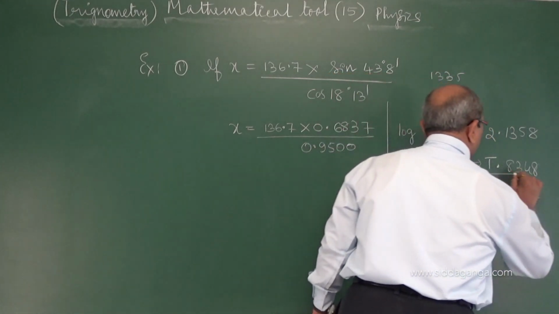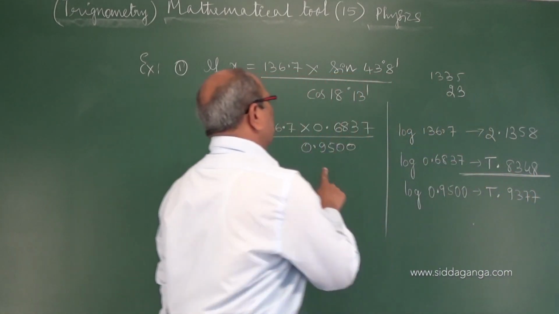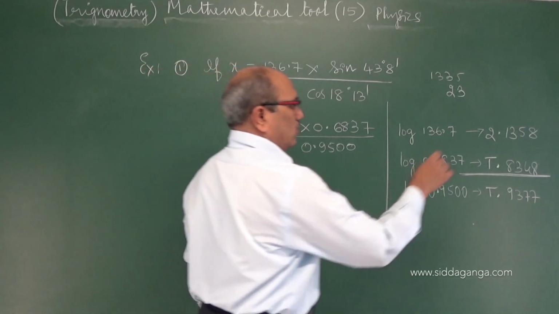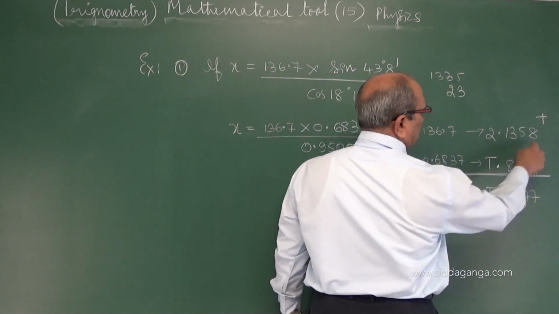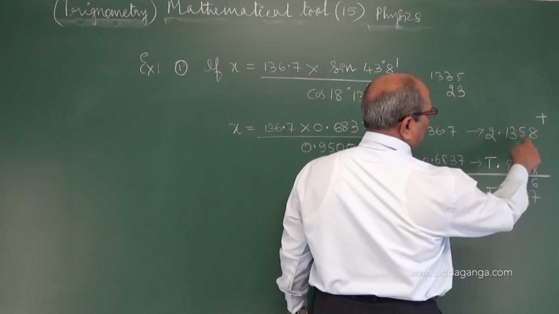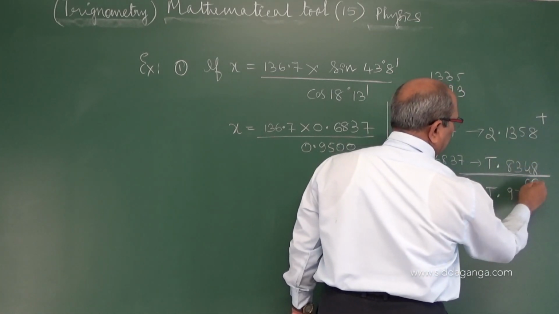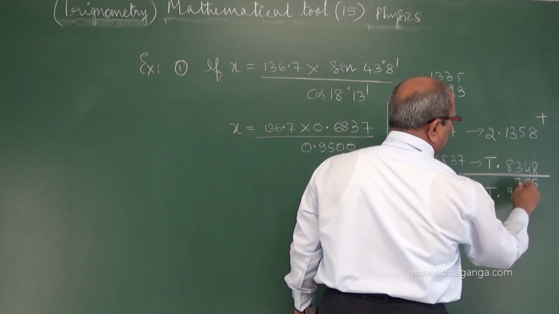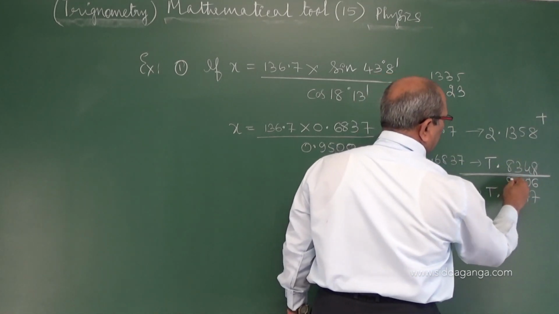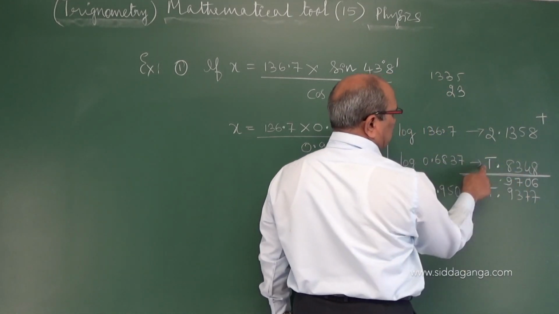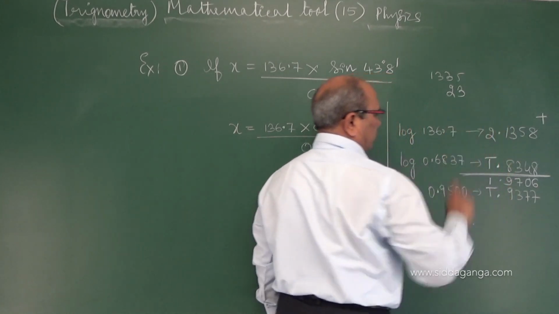The question is, first we have to add these two because it is a product. When you add the two, 8 plus 8 is 16, 5 plus 4 plus 9 plus 1 is 10, 6 plus 1 is 7, 8 plus 1 is 9, and 2 plus minus 1 is 1.